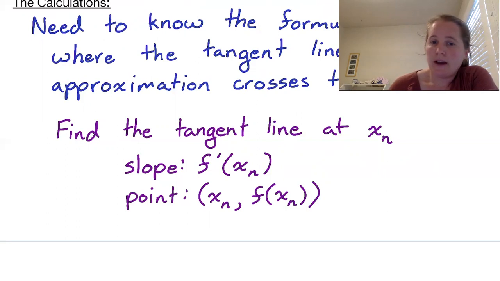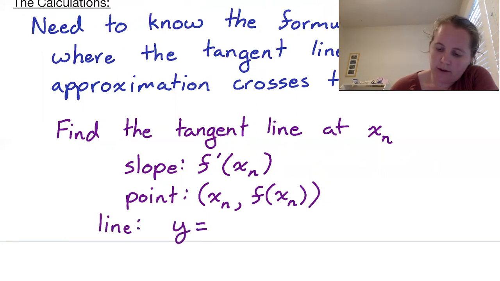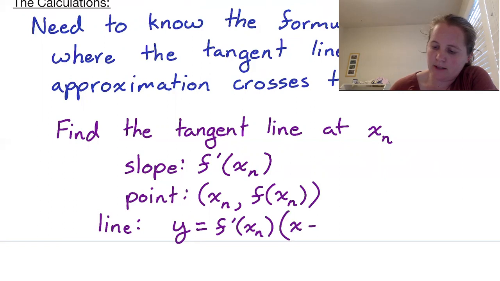So we have the equation of the line: y is equal to our slope f prime of x sub n times x minus x sub n, plus f of x sub n.